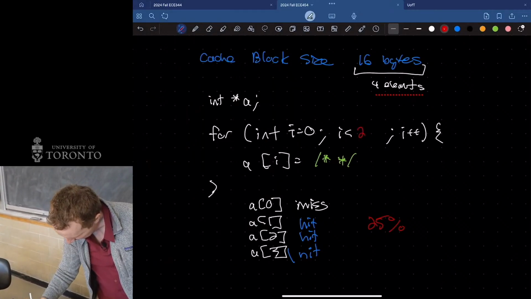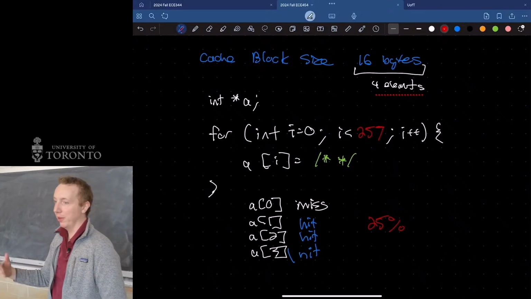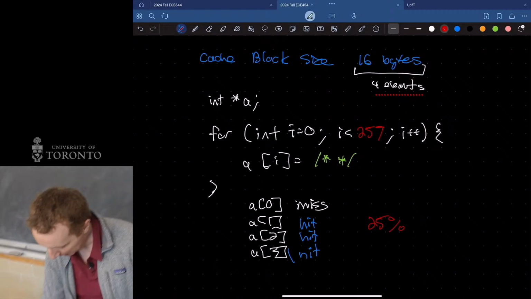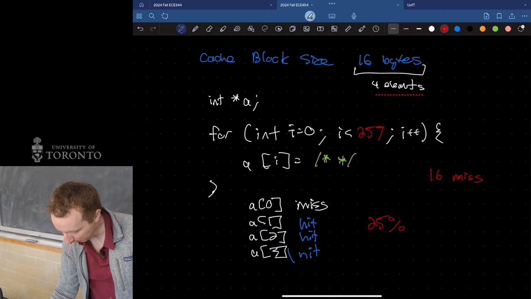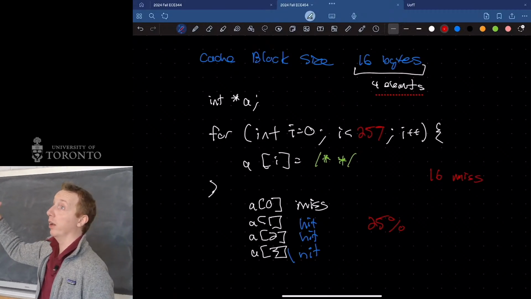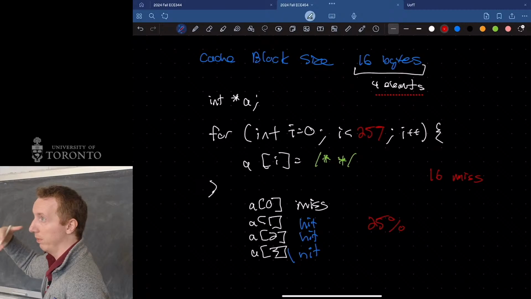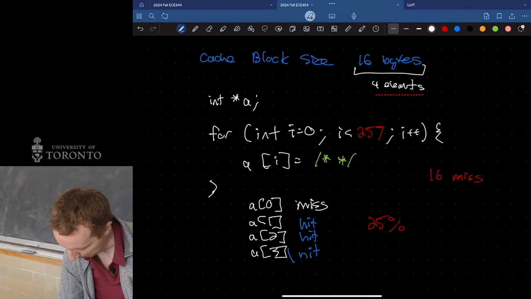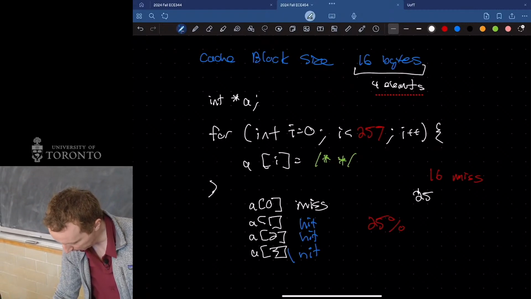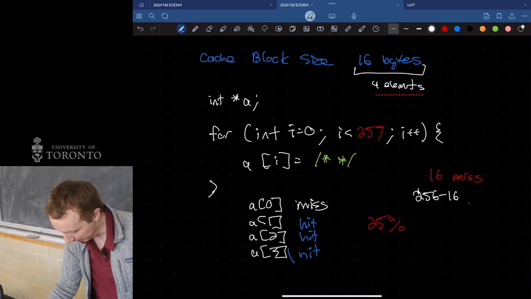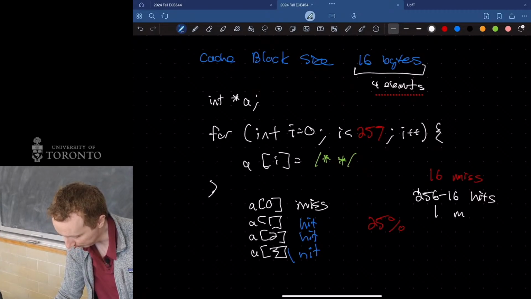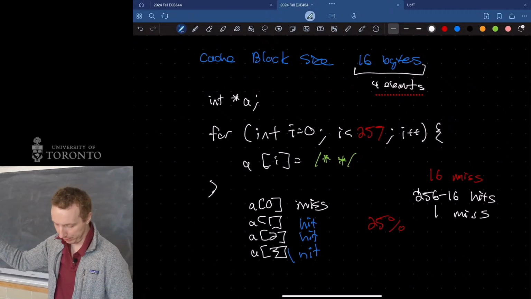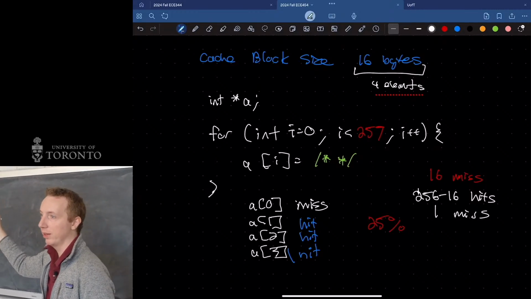Yeah, so if you did 256, or what if I did 257? Well, then I would essentially have 16 misses for the first 256, then 255 minus 16 hits, and then plus 1 miss, right, for element 256.